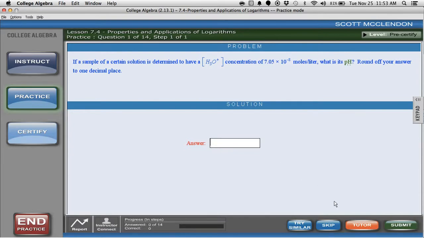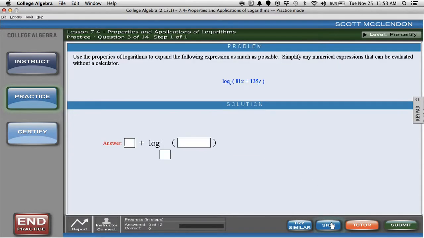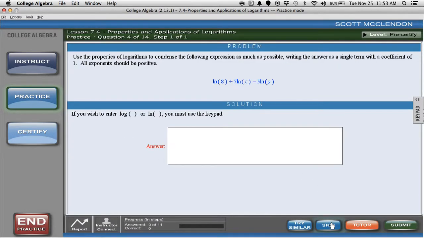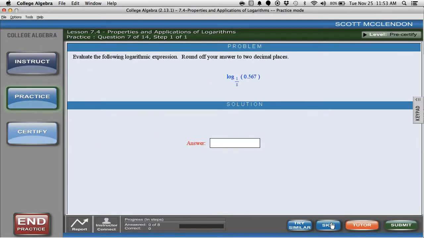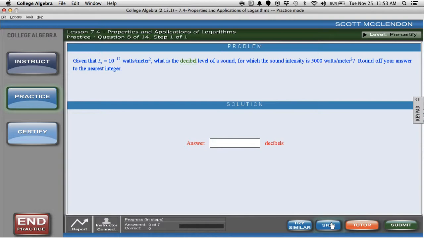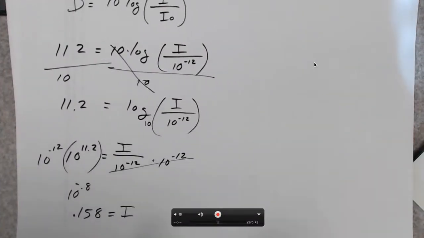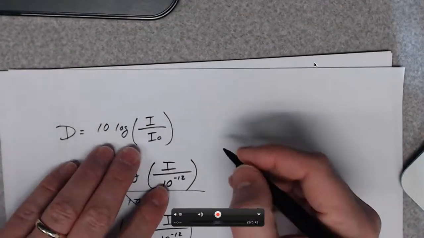There's that hydronium question we just did. See, this question, they actually give you the sound intensity. It's the same decibel question, but this time they give you the I value. So the I value they give is 5,000. So this time we're going to use the same formula.